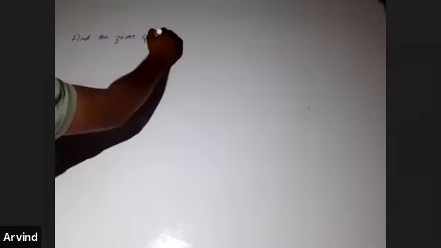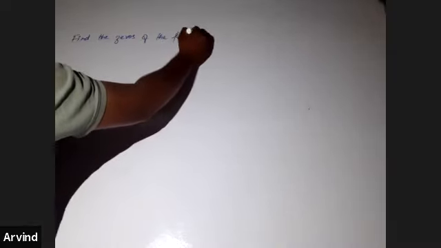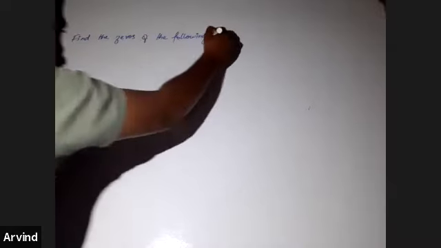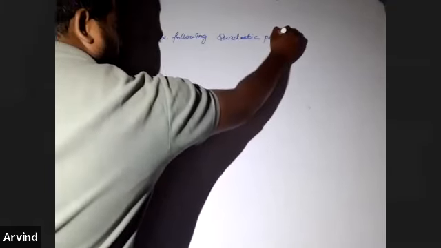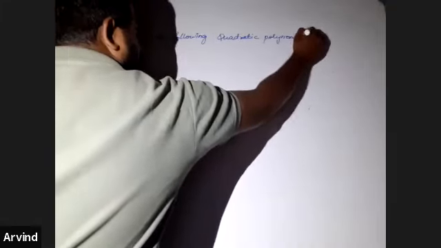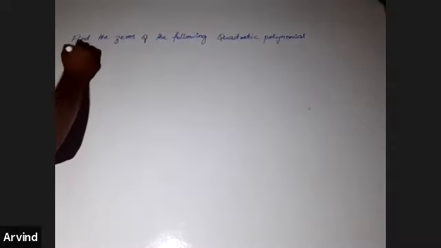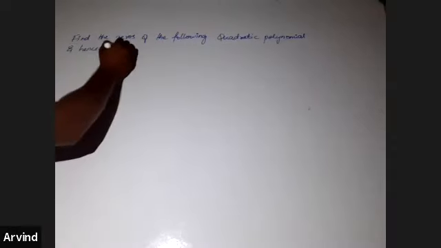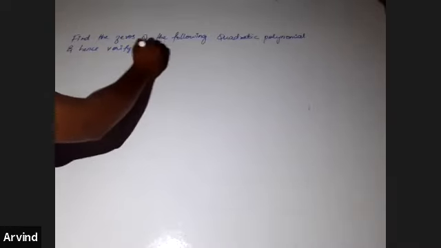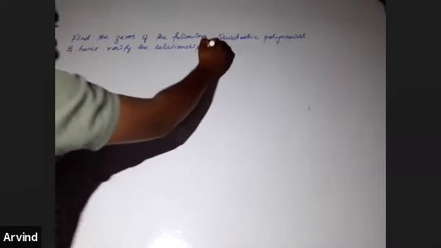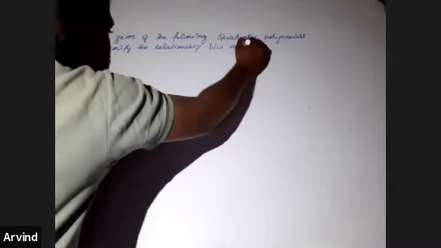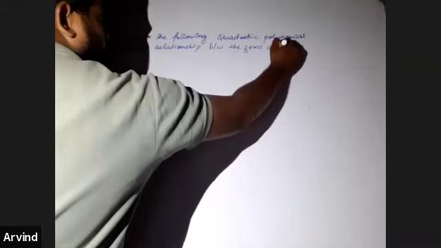Find the zeros of the following quadratic polynomial and hence verify the relationship between the zeros and the coefficients.